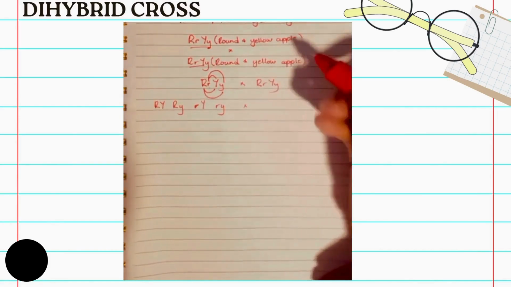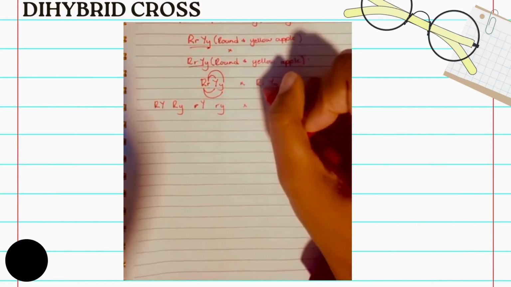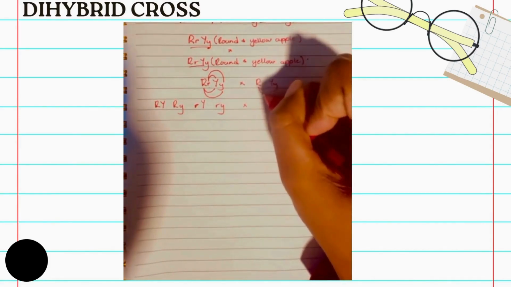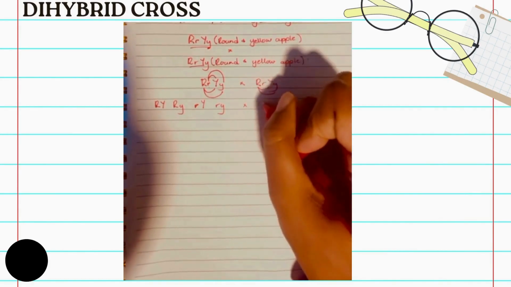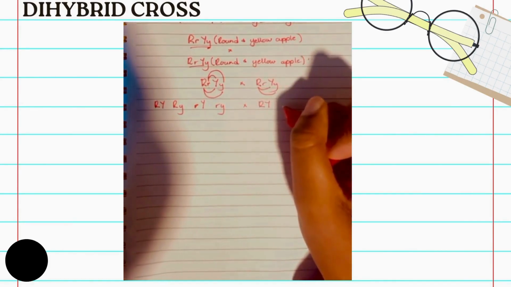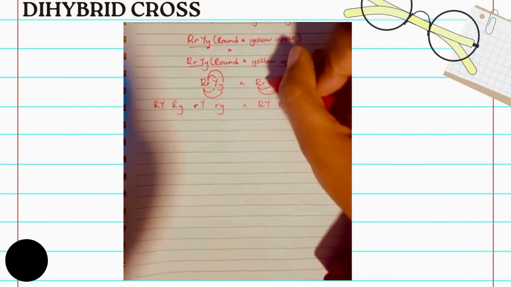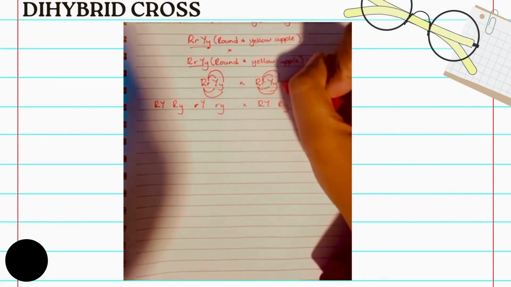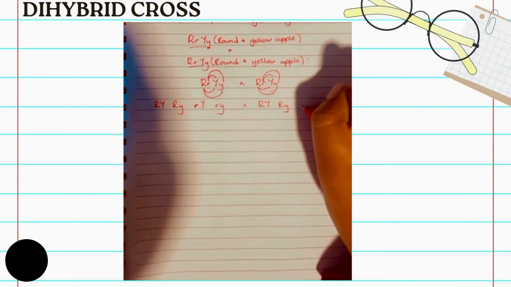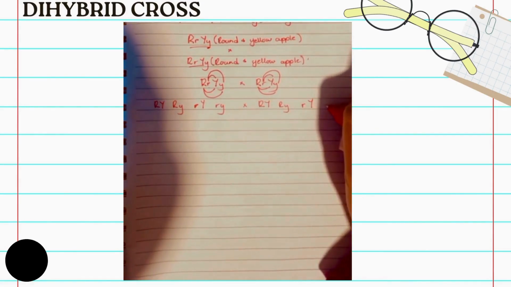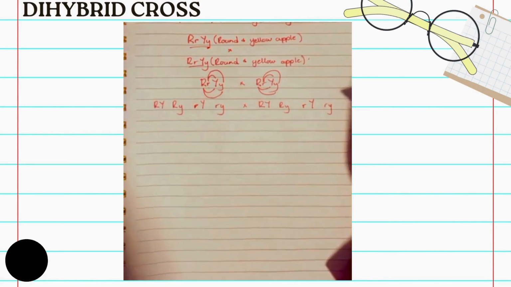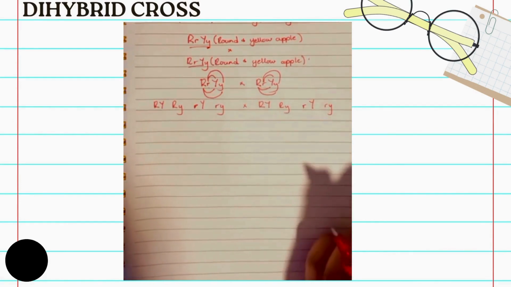You take the first allele of the first trait and connect it with the first allele of the second trait, then the first allele of the first trait with the second allele of the second trait, and you do the same thing with the second allele of the first trait. Look at the video; you can see the arrows over there. I hope you can see what I'm trying to say.